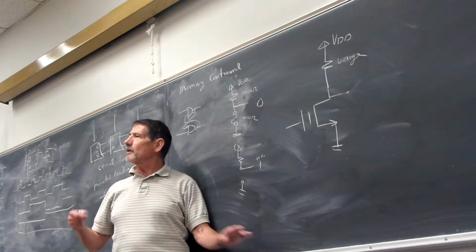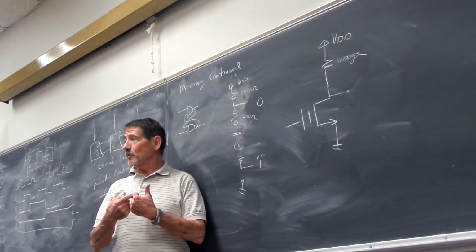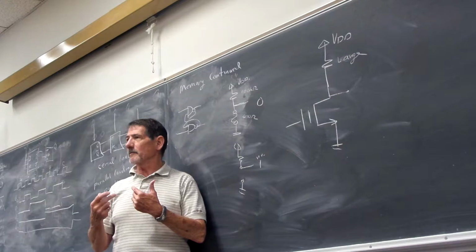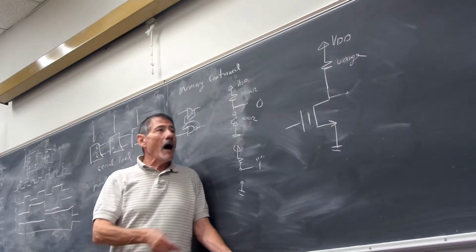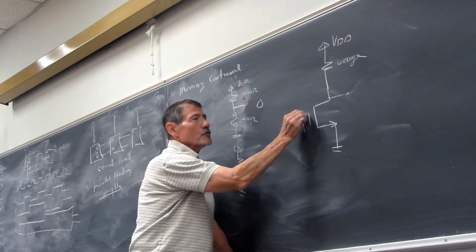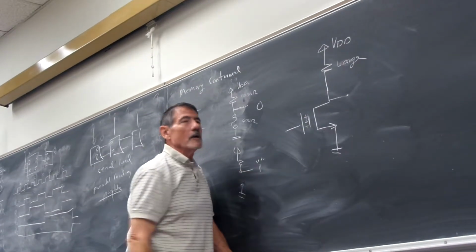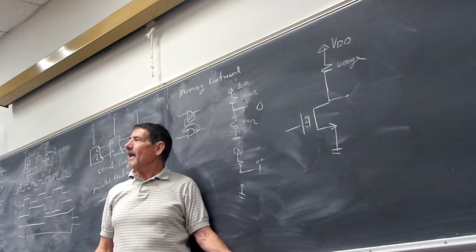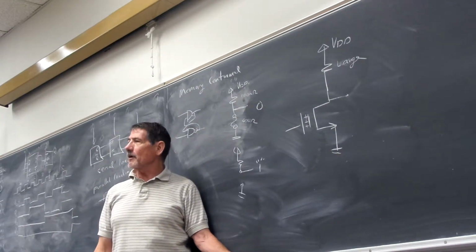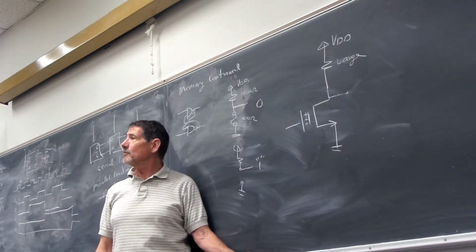Okay. If I put a very, very large voltage, now I'm not talking thousands of volts, but 20 volts, something like that, I can put a little bit of charge in there. And once I get that charge in there, is there any place that it can go?